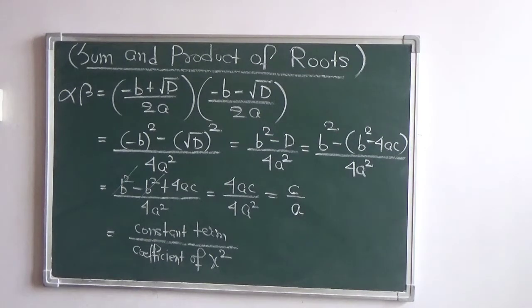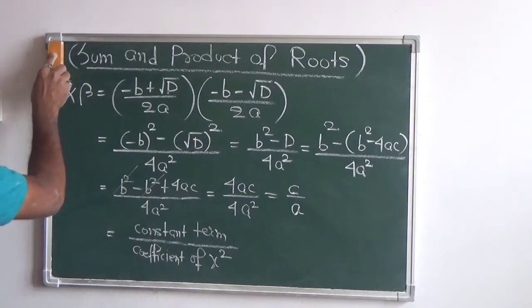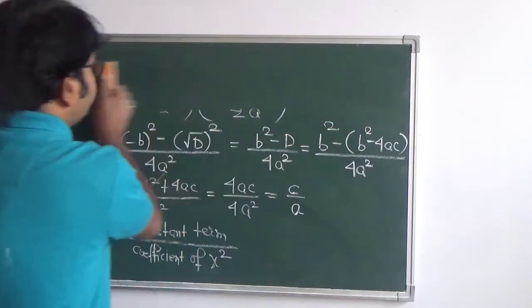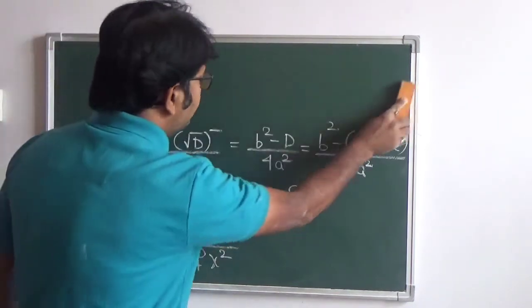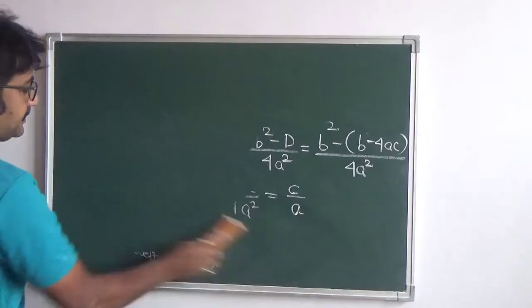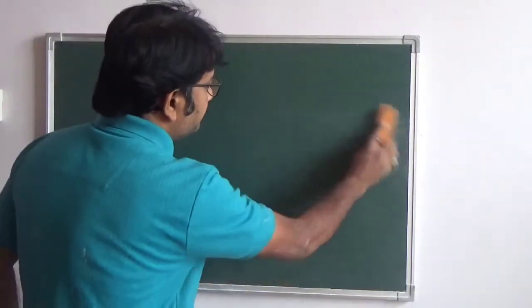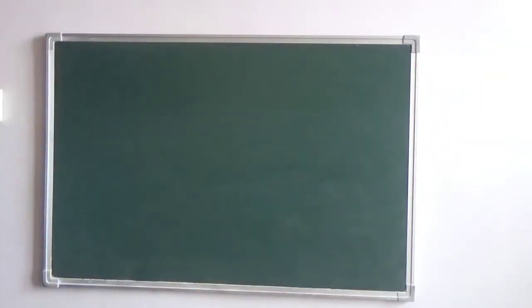Now we will be discussing about certain identities. These are very important. Note it down. The sum of the roots is minus b by a. So I am writing it once again.